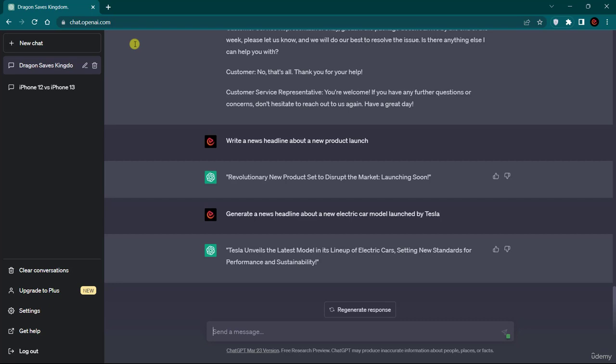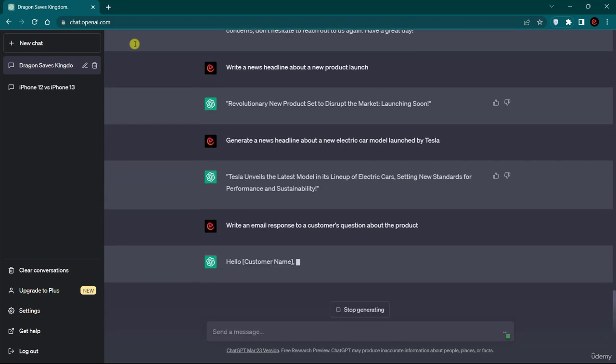Let's say another example. Now, this was for generating a news headline. Let's say we want to have an email response to be created. So, suppose you want to generate an email response to a customer's inquiry about some particular product. In this case, writing a prompt like, say, write an email response to a customer's question about the product.